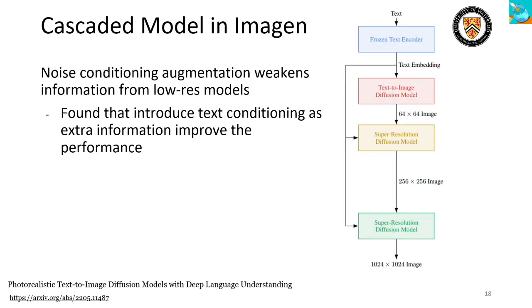In Imagen, they also employed a similar technique, but they found that noise conditioning augmentation weakens the information from the low-res models. Instead, they introduced the text conditioning in the super resolution diffusion models as the extra information, and they found that the performance is improved.